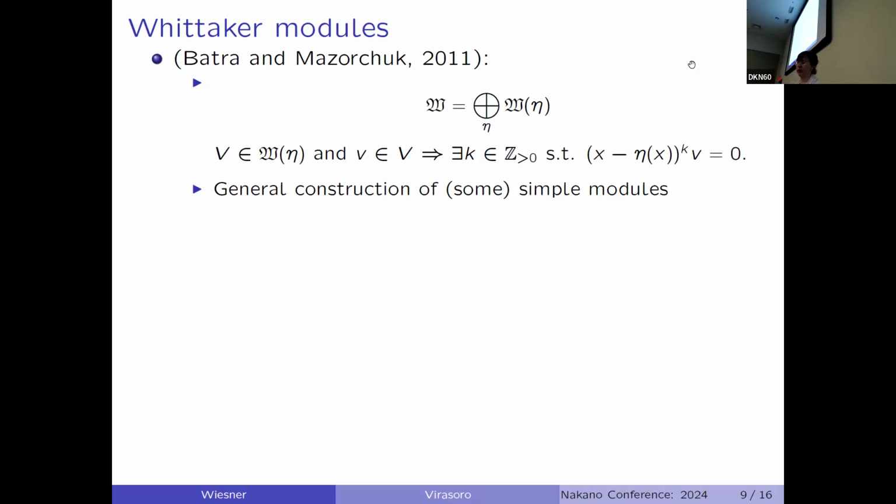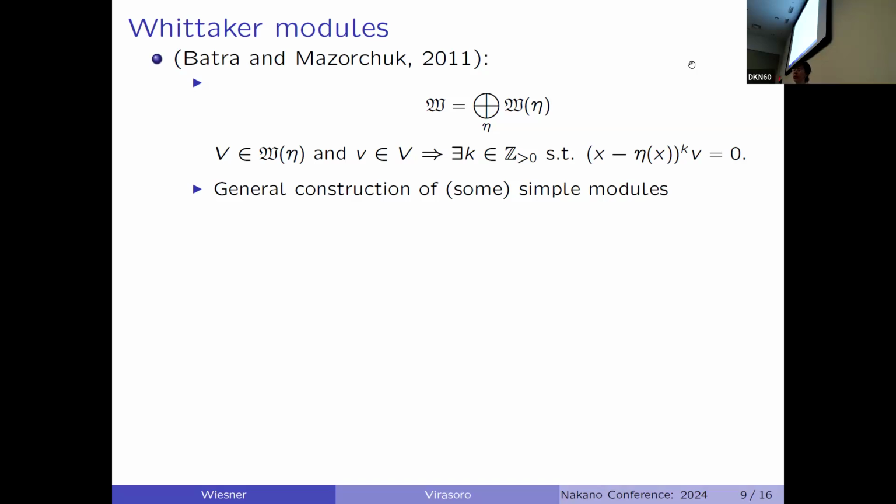They defined these Whittaker categories W, and then they showed that it decomposes into blocks according to this action by Vir plus. So we can label the blocks by Lie algebra homomorphisms eta from Vir plus into C. And they gave a construction of simple modules by identifying one-dimensional Vir plus modules and a completion of the module.